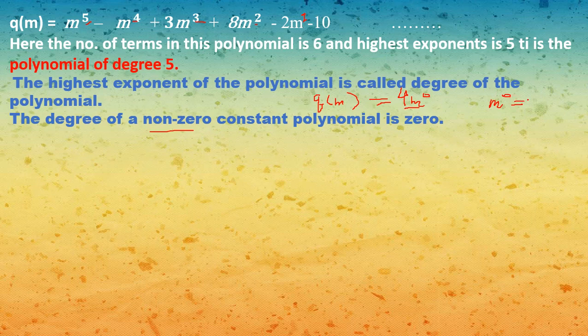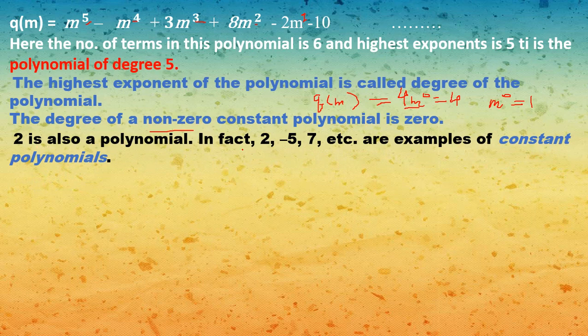So we can write this 4 as 4 m raised to the power 0. So what is the exponent of m here? 0. So we can say the degree of a non-zero constant polynomial is 0.